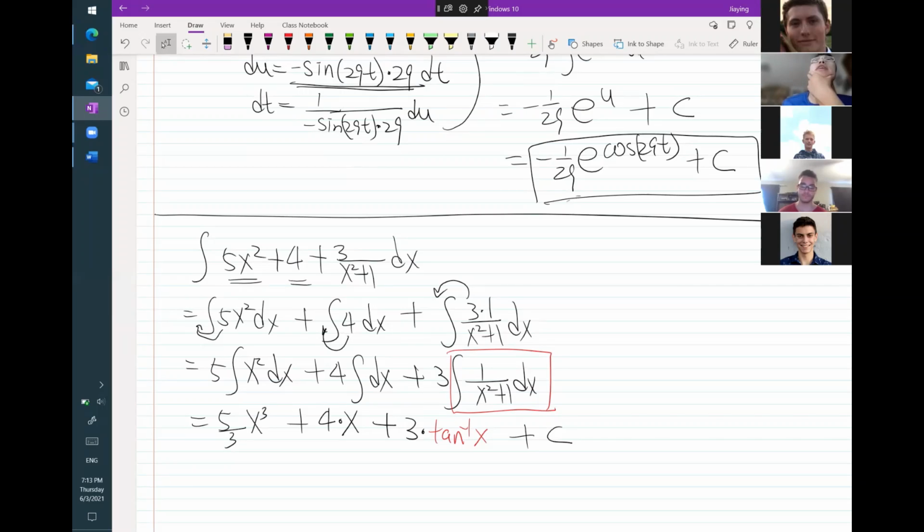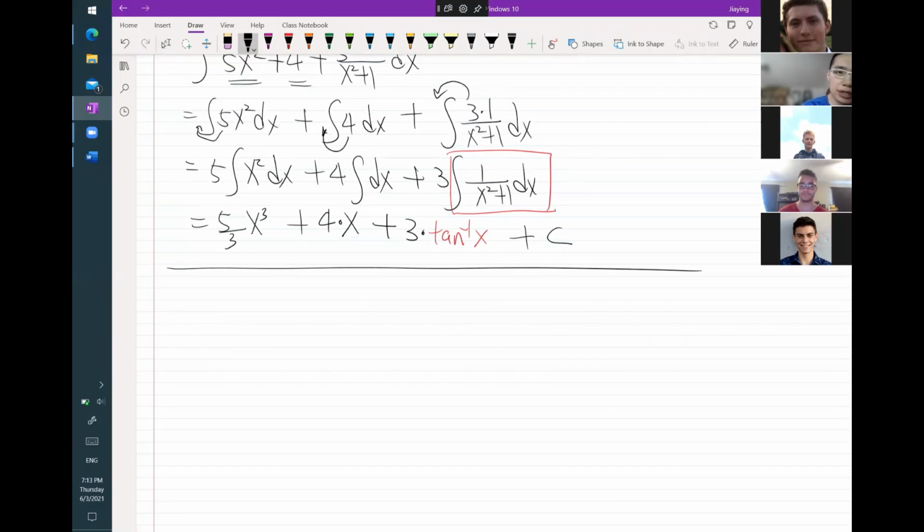Any questions about finding area between curves? Let's see if I have a question here that I can dig out. Oh, I did not give you a question on the area between curves. Let's see.